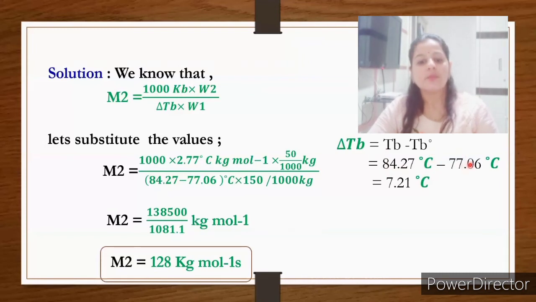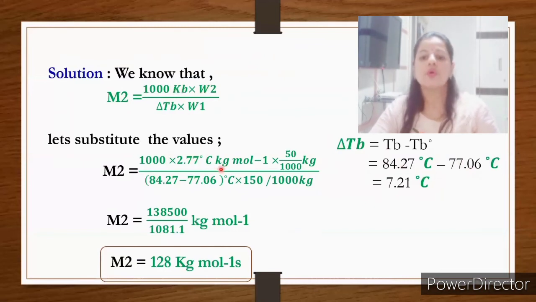First let us calculate delta TB. Delta TB is TB minus TB naught. Here TB is 84.27 degrees Celsius and TB naught is 77.06 degrees Celsius. If we find the difference between the two, we get 7.21 degrees Celsius. So the delta TB value is 7.21 degrees Celsius.